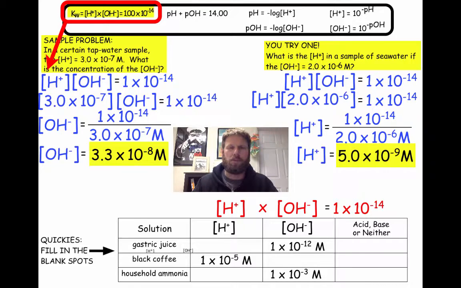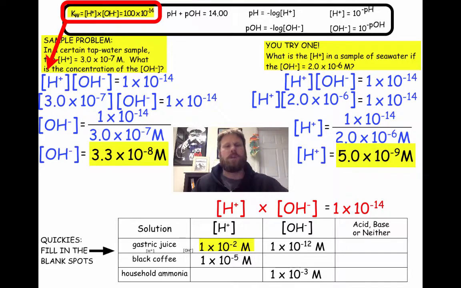And when we multiply exponents together, we just add them to determine what the overall exponent would be. So, for example, if we know the OH minus is 1 times 10 to the negative 12th, well, we know H plus then has to be 1 times 10 to the negative 2nd, because negative 2 plus negative 12 would get us the negative 14.